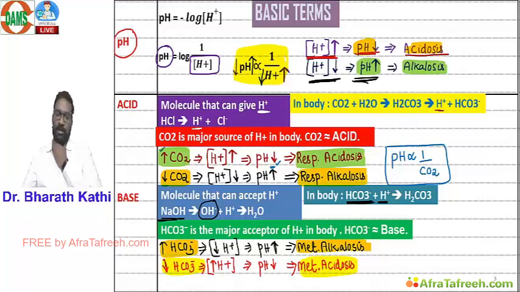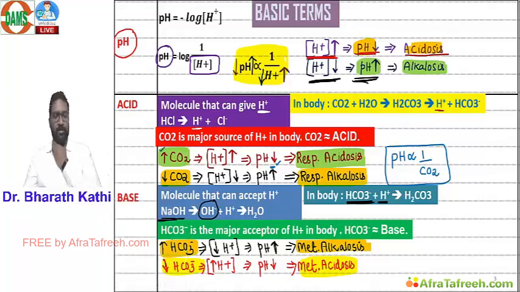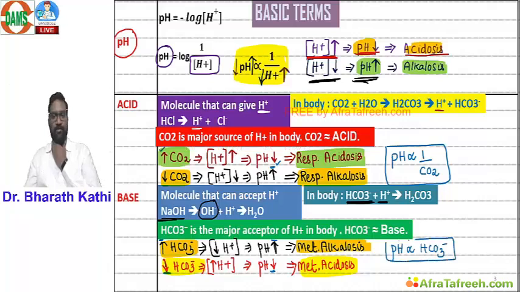Then, can anybody tell me the relationship between bicarbonate and pH? Here bicarbonate is increasing, pH is also increasing. Bicarbonate is decreasing, pH is also decreasing. So in the same direction, it is a direct relation. pH is directly related to bicarbonate. We have two relations here.